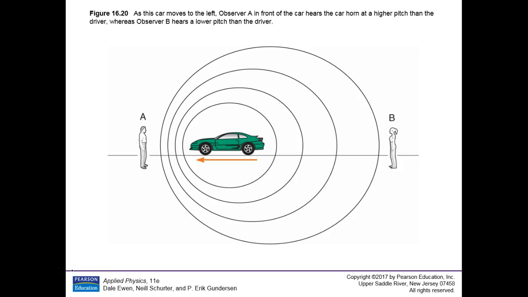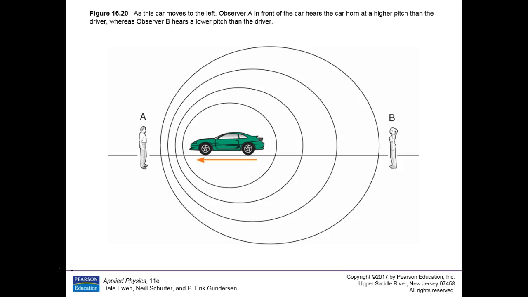And as he's pressing on the horn with a constant beep, the waves are getting closer and closer together, meaning it's going up in frequency. Sure, it's getting louder as it gets closer, but it's also going up in frequency.